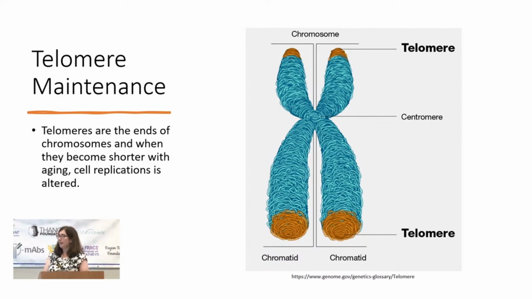So it's a normal process that happens. Now, some tumor cells have mechanisms to maintain those telomeres, to allow them to replicate over and over again, allowing the cells to grow and not to age, as would normally happen with cells. And so various tumors have alterations in this, including neuroblastoma, that allows those cells to replicate faster and more than would healthy normal cells.